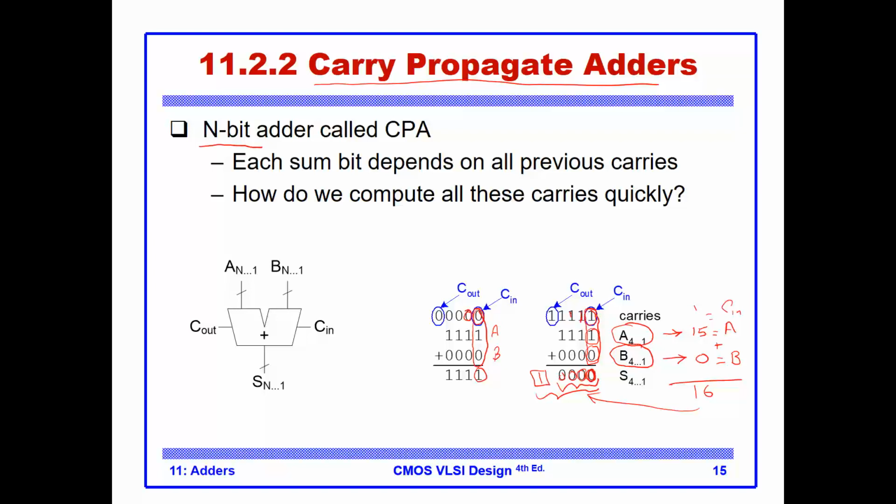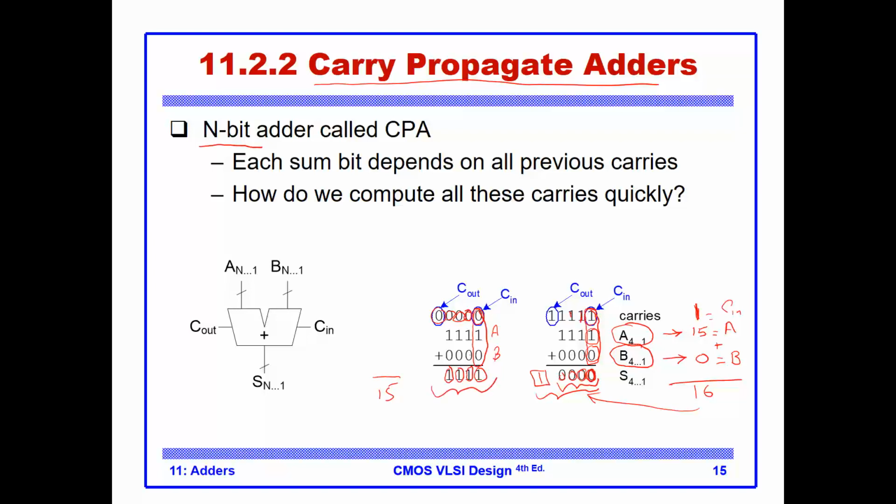Let's add 0 1 0, sum of 1 and carry of 0, 0 1 0, sum of 1 and carry of 0, 0 1 0, a sum of 1 and a carry out of 0, which makes sense because if we don't have a carry in here, the result should be 15, and this is what we are getting, 15.